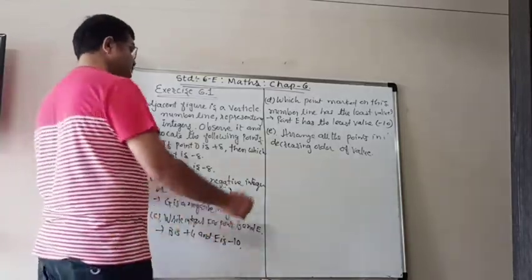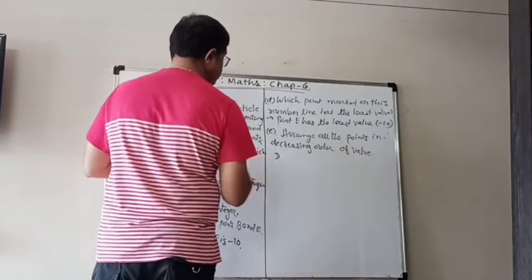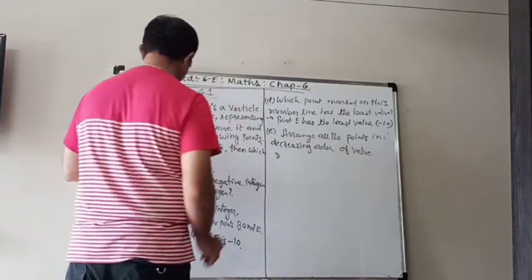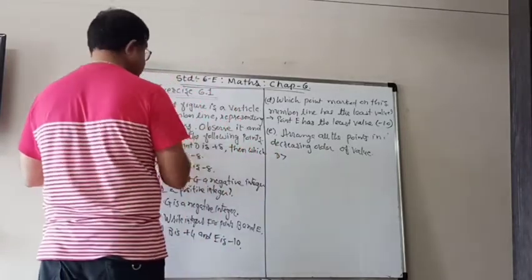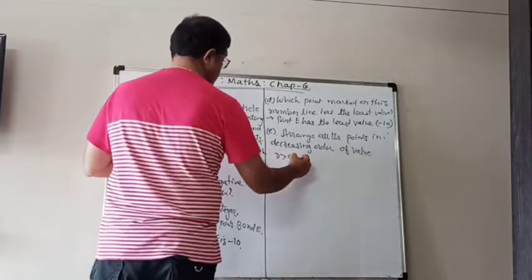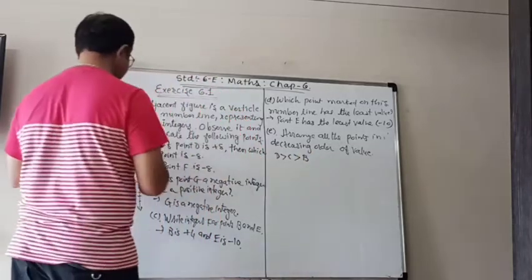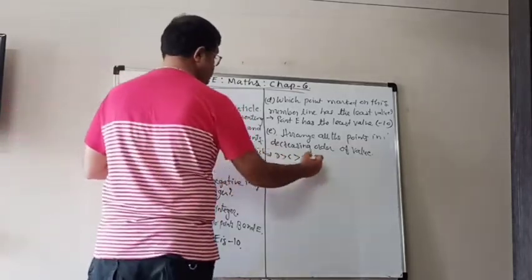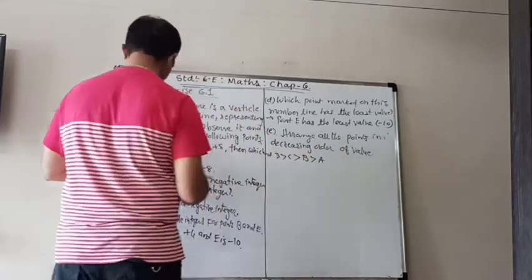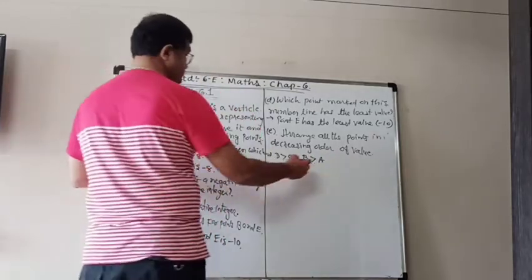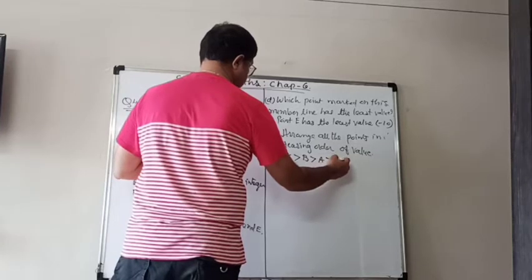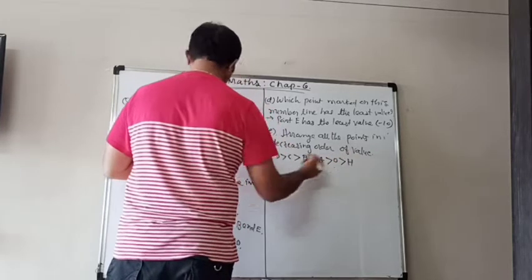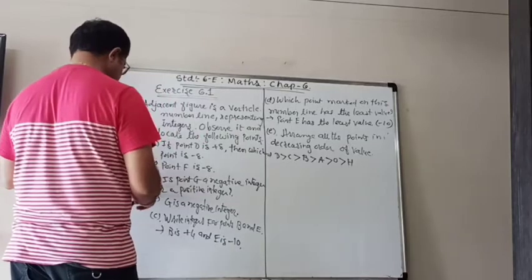So here first D will be there, which is greater than C, which is greater than B, which is greater than A, which is greater than 0, which is greater than H, then G, F and E.